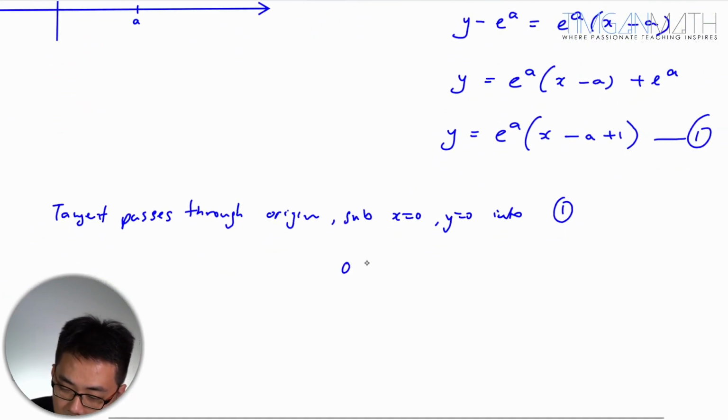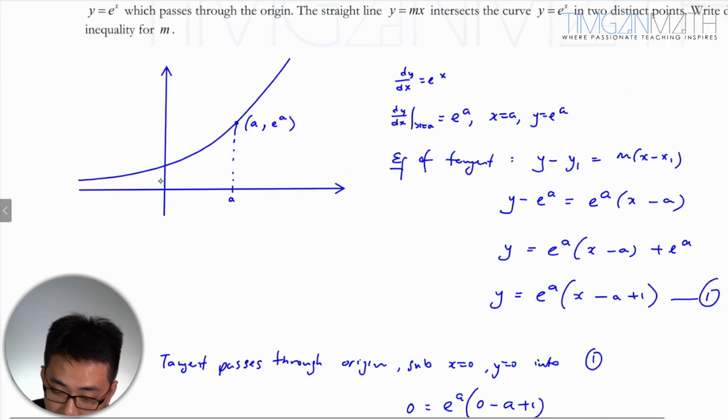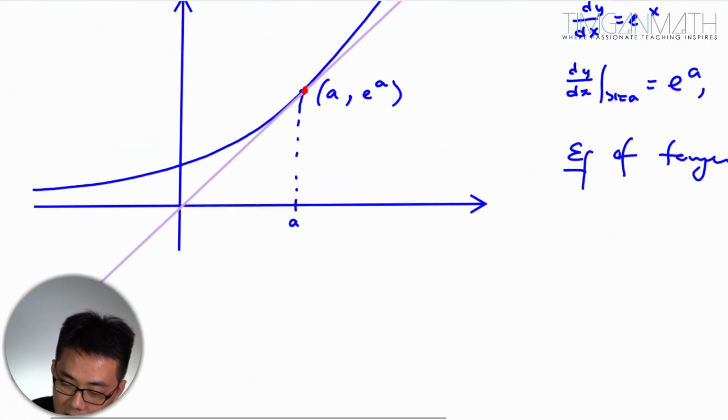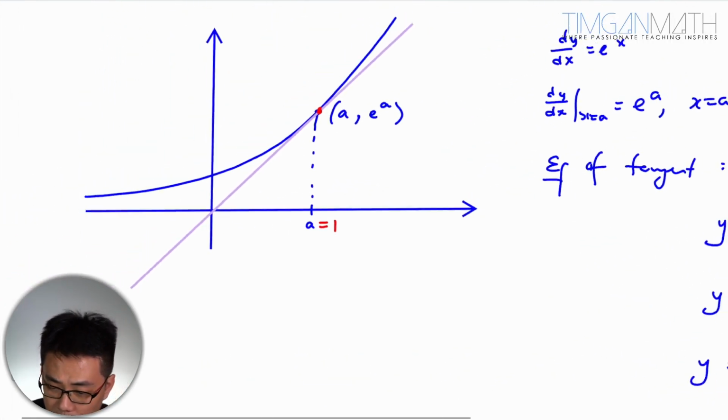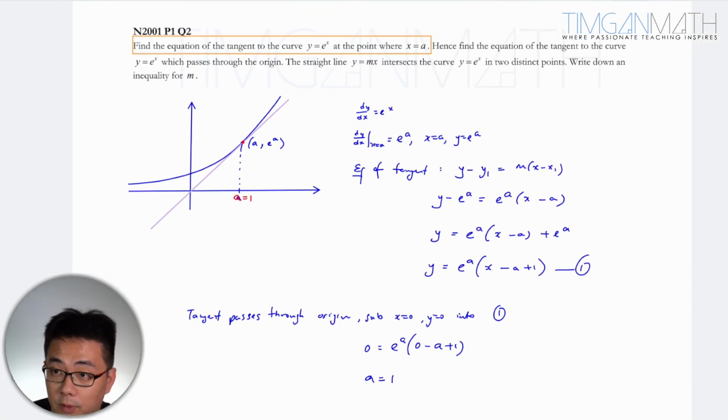So this will be 0 equals e^a(0 minus a plus 1), and this will just give us a equals 1. What does a equals 1 mean? It means that if I draw a tangent which passes through the origin here, oh, just nice, my a equals 1. Suddenly you have everything that you can solve.